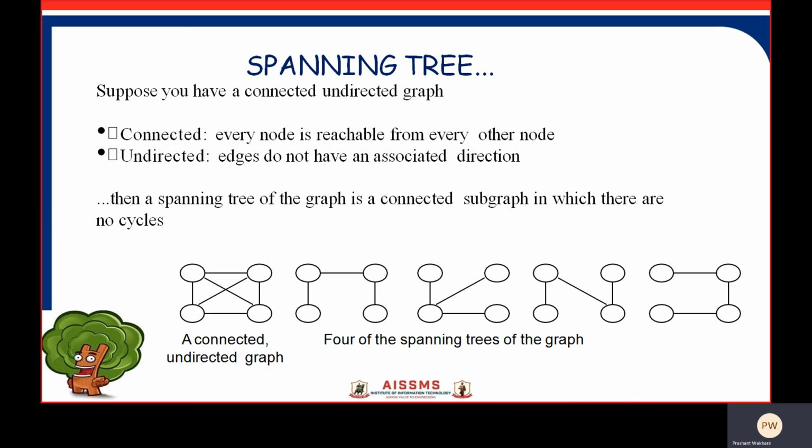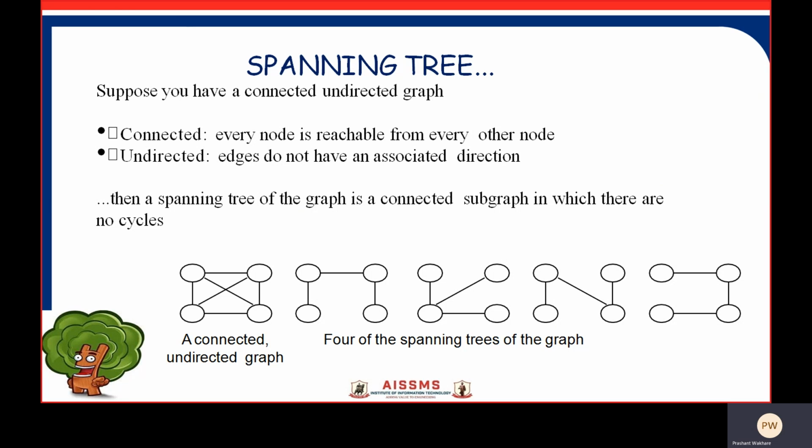So spanning tree means, suppose you have a connected undirected graph. Connected means every node is reachable from every other node, and undirected means edges do not have an associated direction.